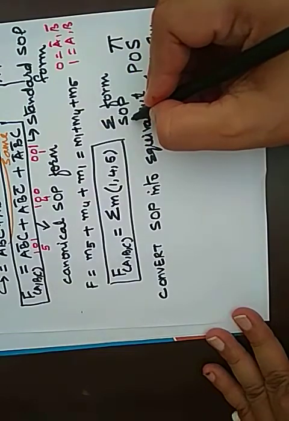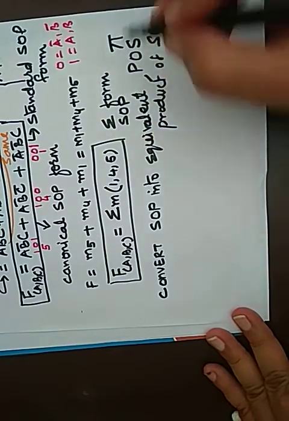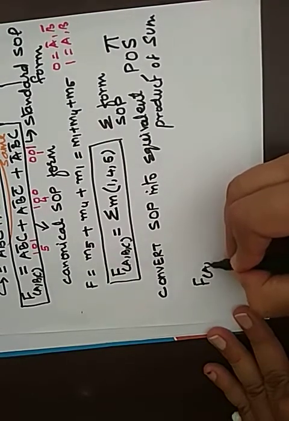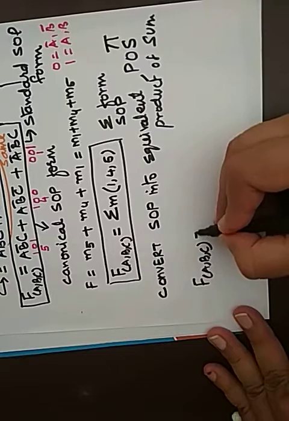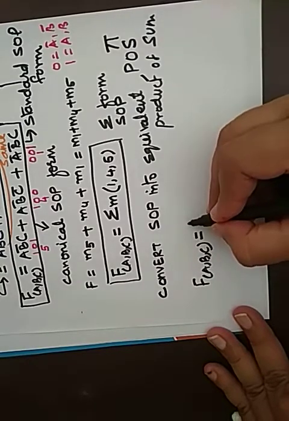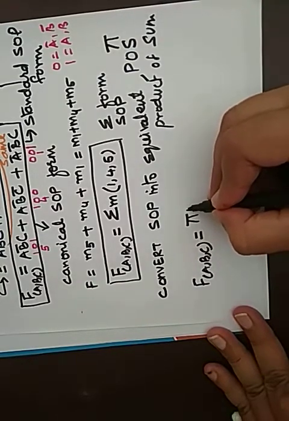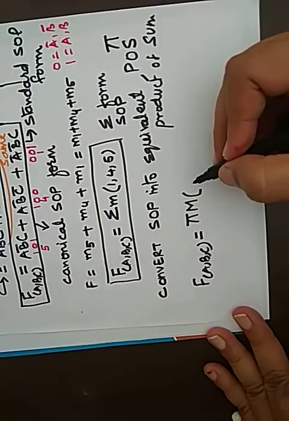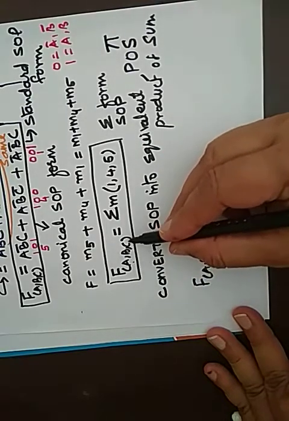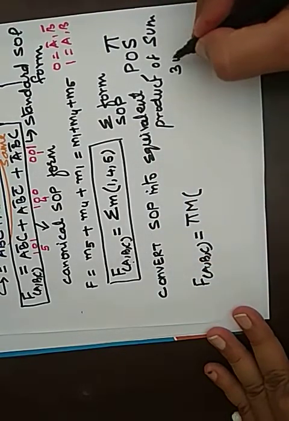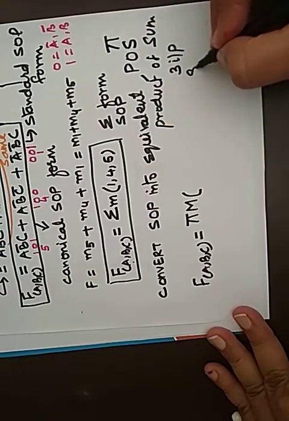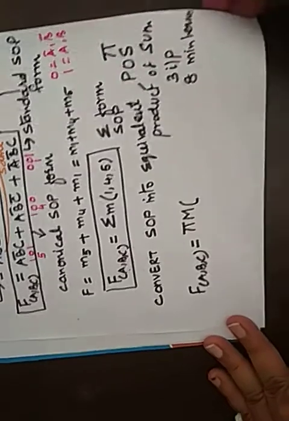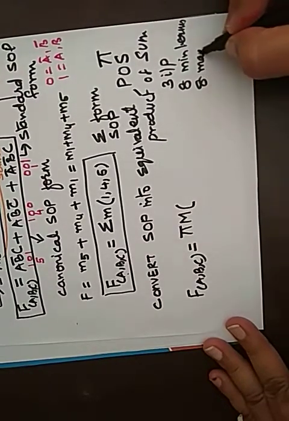Sigma stands for sum. This is pi for product. So the same function f denoted by 3 variables a, b, c can be written in its pi form by the maxterms which are remaining. We know that 3 input variables will have 8 minterms or 8 maxterms.